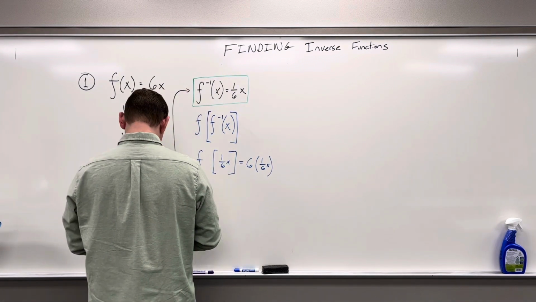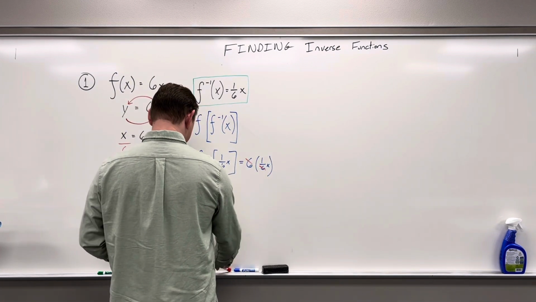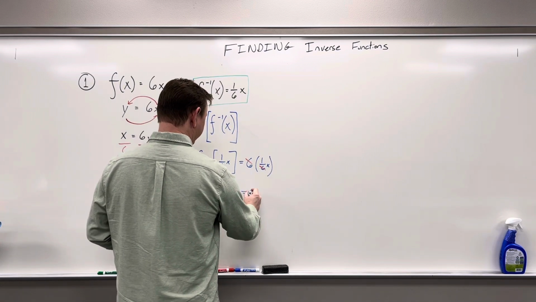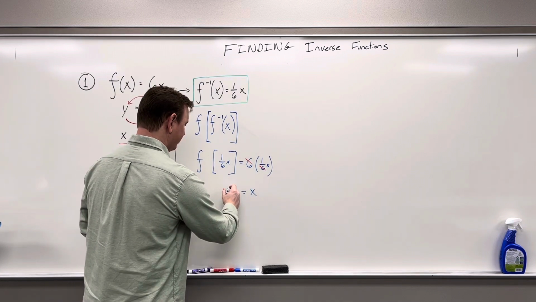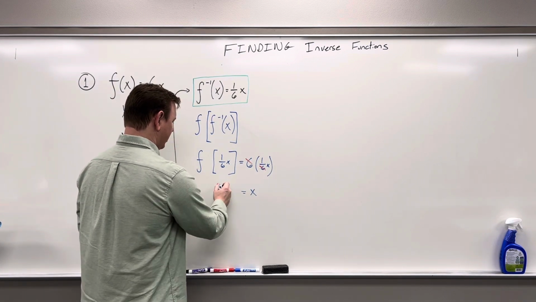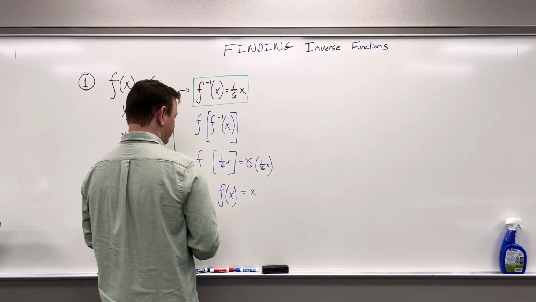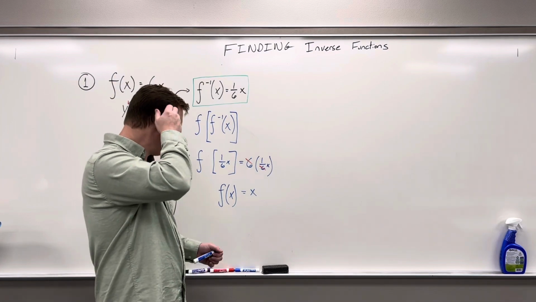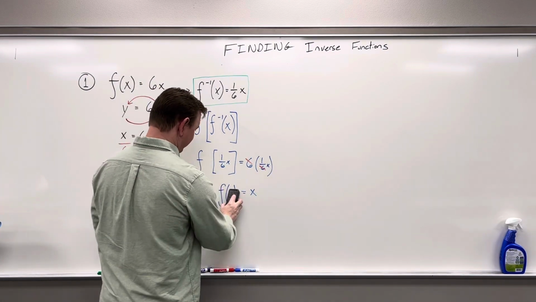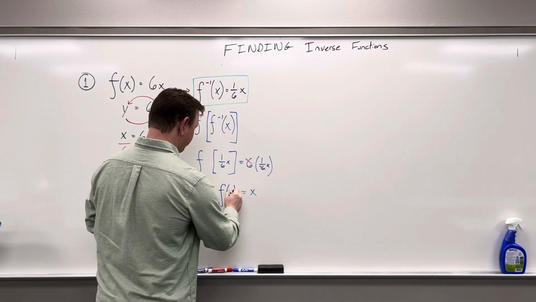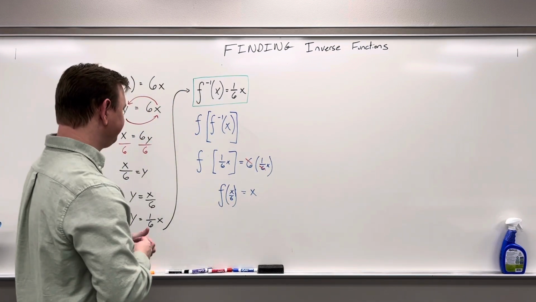And notice that the 6 is canceled, and we're left with just x. And this is technically y equals x, basically. Or well, that is equal to x. I should have put that function in there. Put the x over 6.